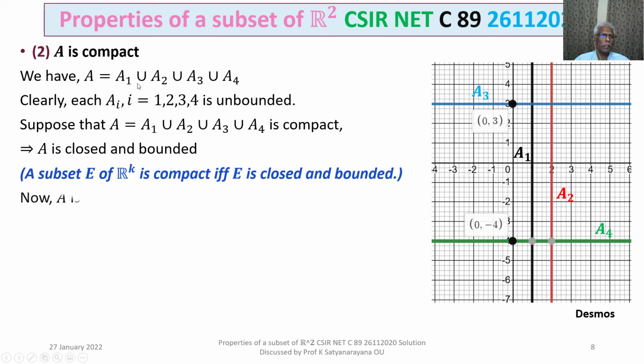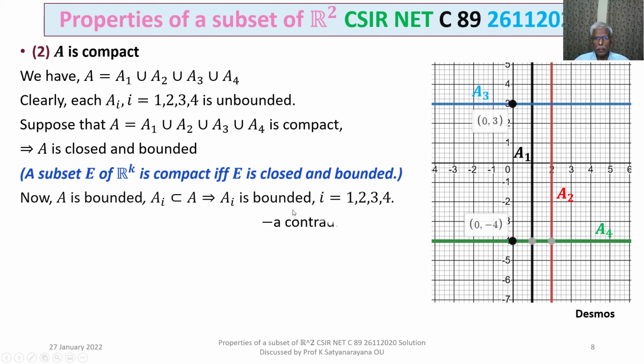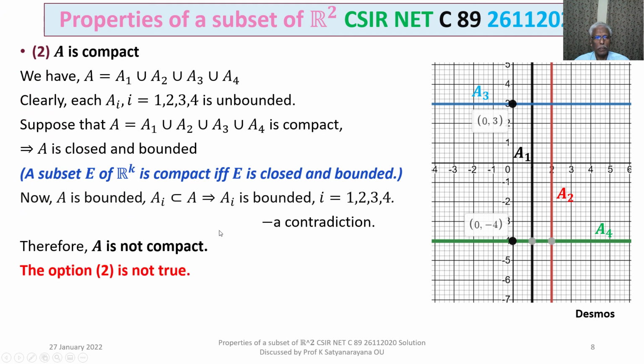So that means A is bounded, and we have Ai is a subset of A. Therefore, Ai is also bounded, but it is not. We get a contradiction. So, because of this contradiction, the claim that A is compact is not true. Therefore, A is not compact, and hence option 2 is not true.